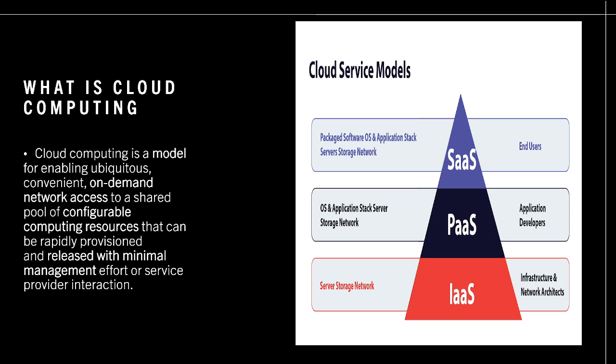And let's discuss these three with an example. If we go back to our first example, IaaS, infrastructure as a service, is the same thing as buying an empty apartment: we need to bring a lot of things and install them, and after that it will be ready to use.